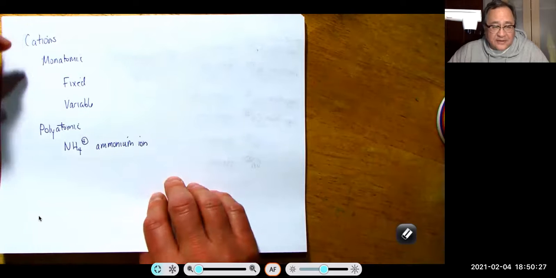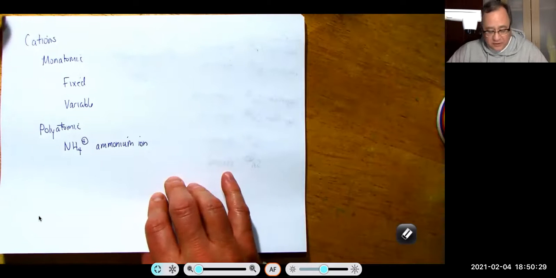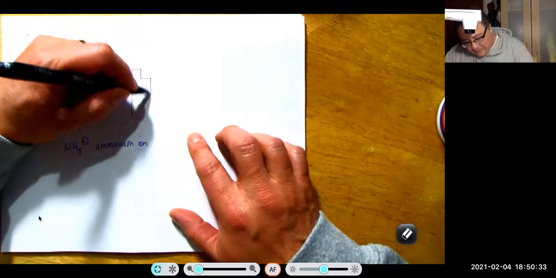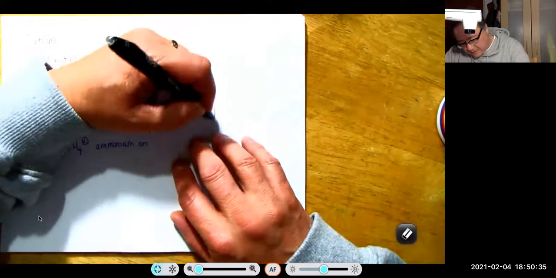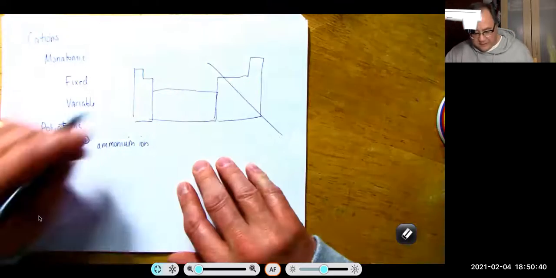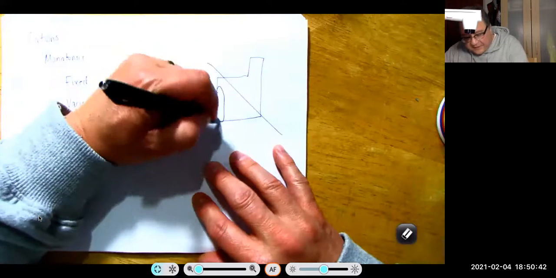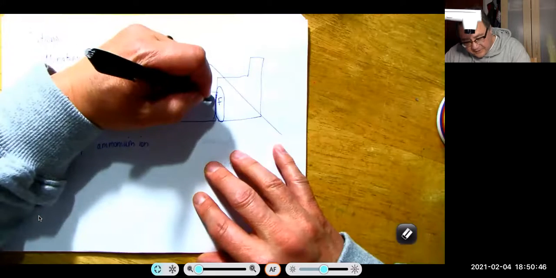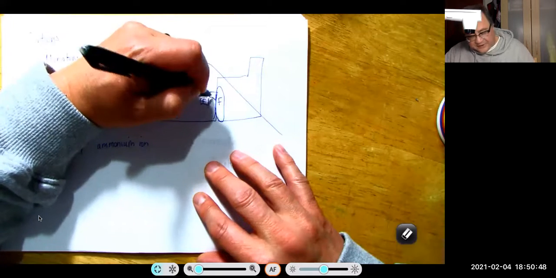Any questions about these cations? So if I draw my periodic table again, fixed, fixed, fixed.